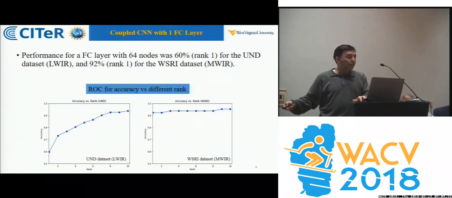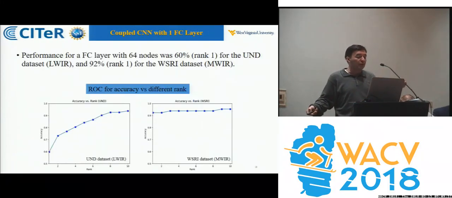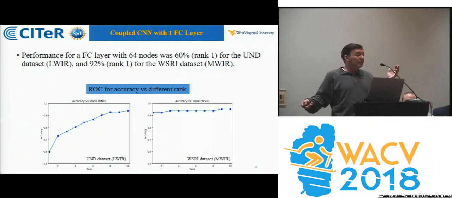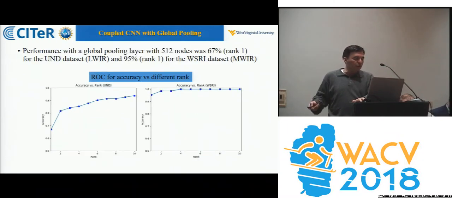If you do that for the fully connected version, for the thermal imagery the rank 1 is 60%. For the mid-wave IR on another data set, the rank is 92. The size of the database, in a minute, I'm going to show that too. Now, when we get rid of the fully connected layer, that's very interesting. We are reducing the number of weights a lot.